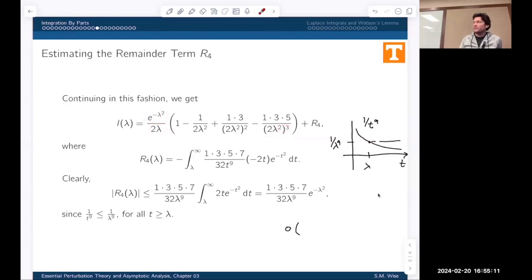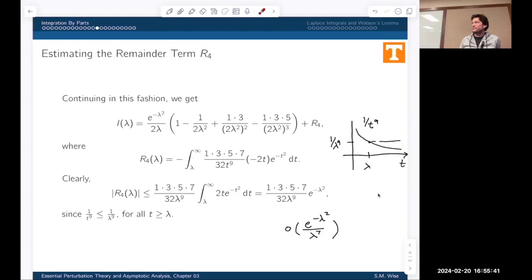That is also part of your asymptotic sequence. So I have to show that this guy is little o of e to the minus lambda squared, lambda to the 7th power, right? Now, is this term of that little o nature?